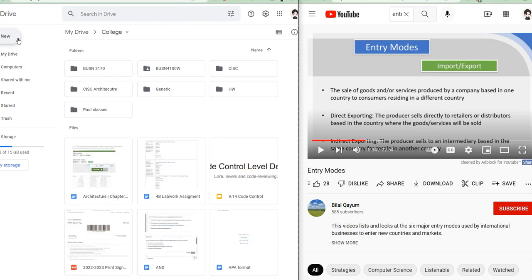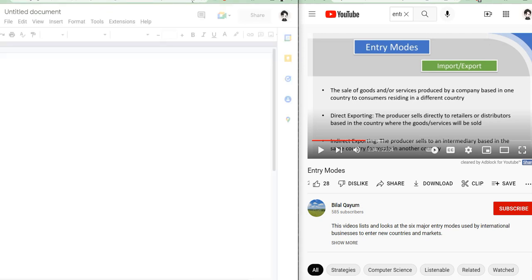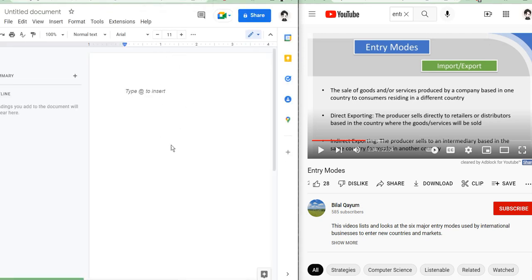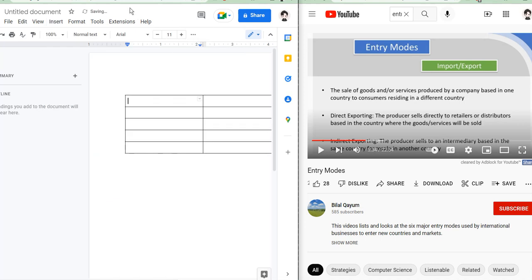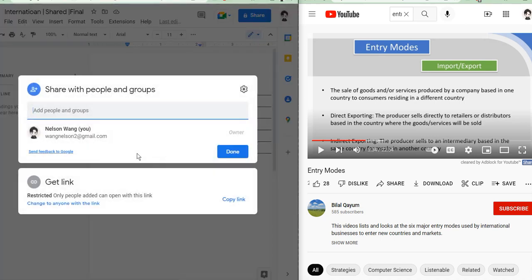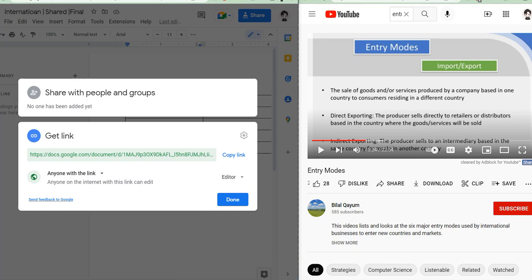I think maybe Google Docs should be better.